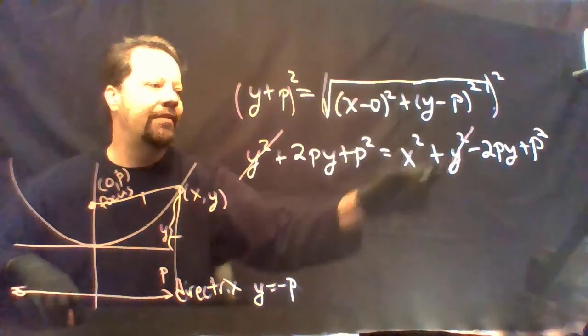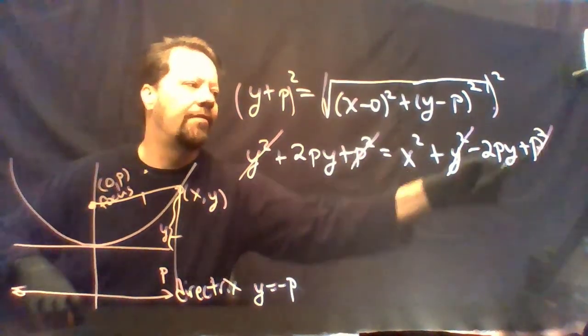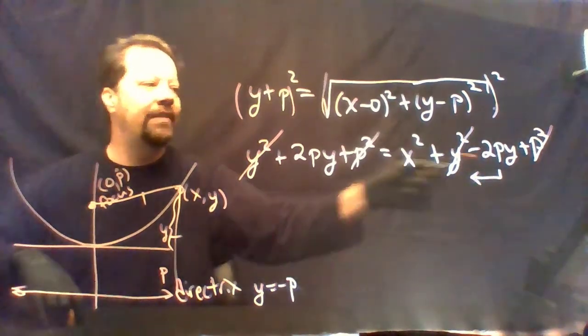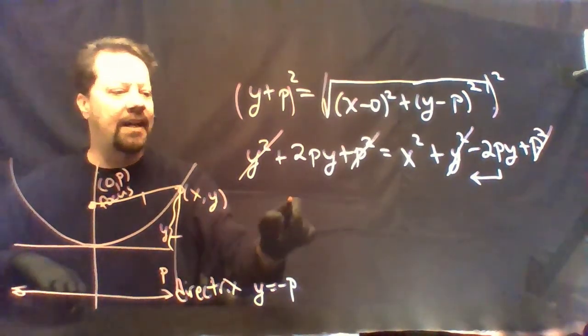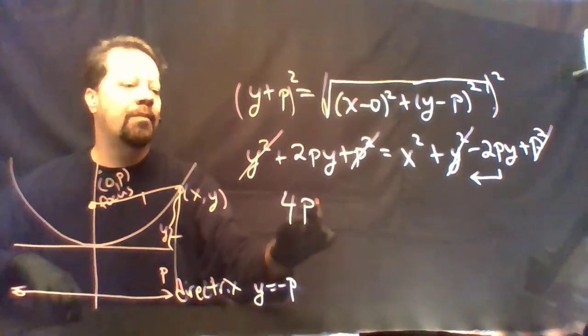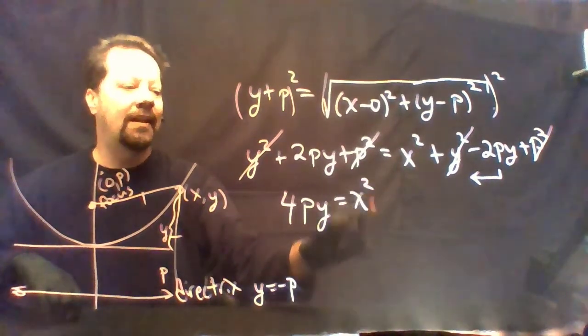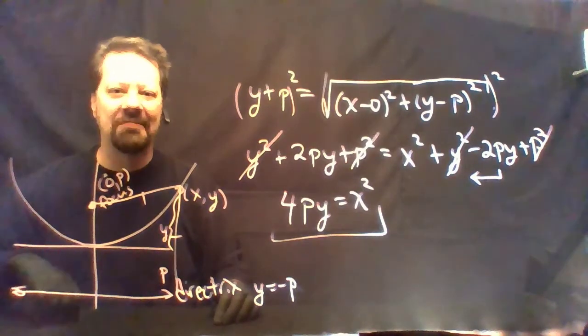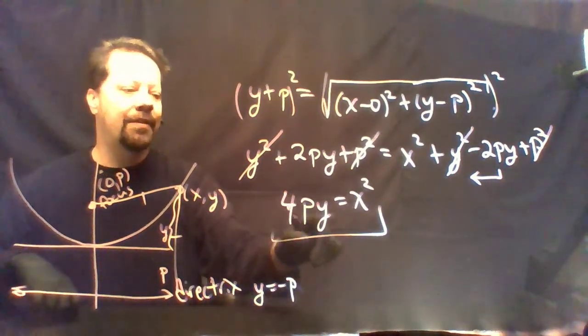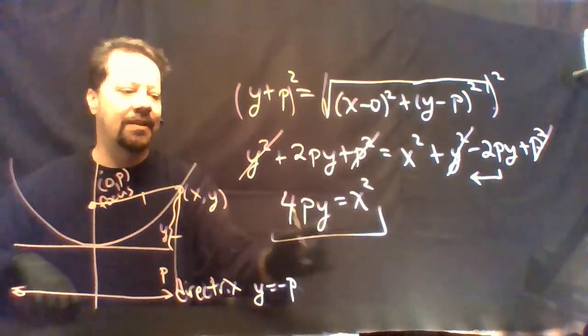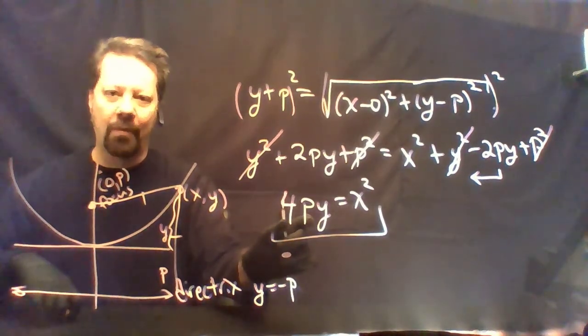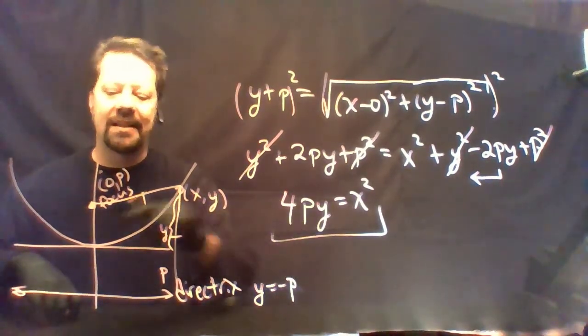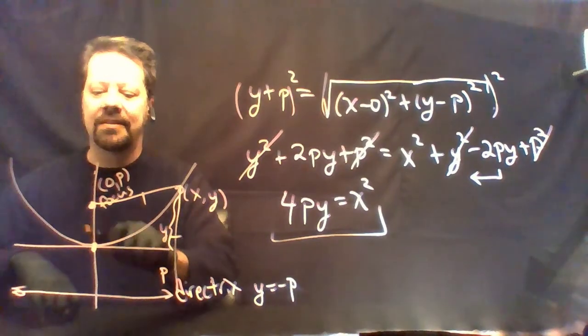We can subtract y squared and p squared from both sides. Moving the 2py over to the other side, we have 4py equals x squared. I give you the equation of a parabola. Whatever the coefficient of the degree 1 term is, that is 4p, where p is the distance from the vertex to the focus.